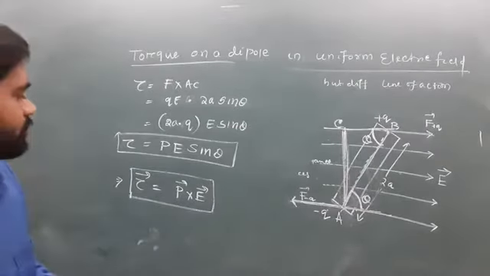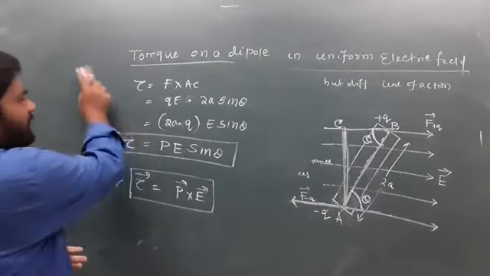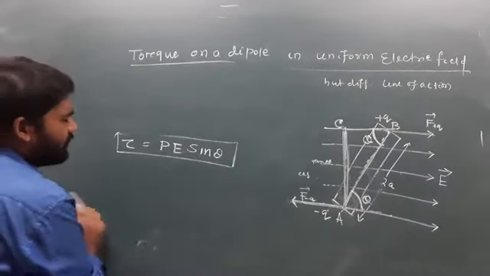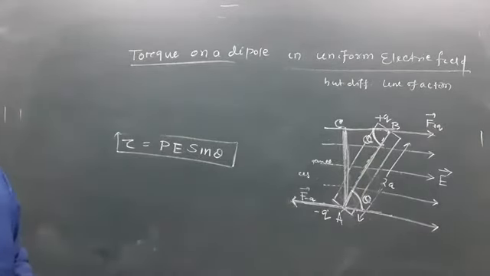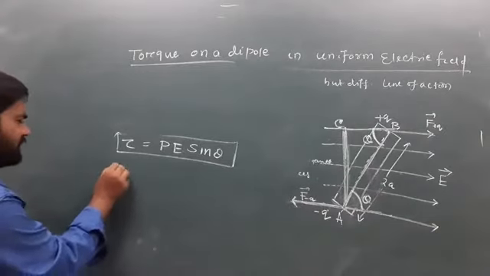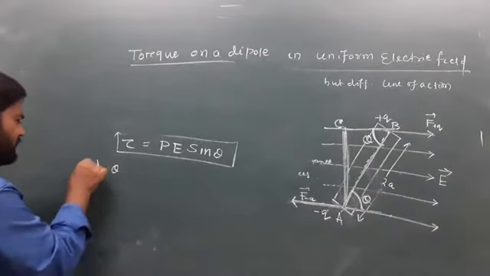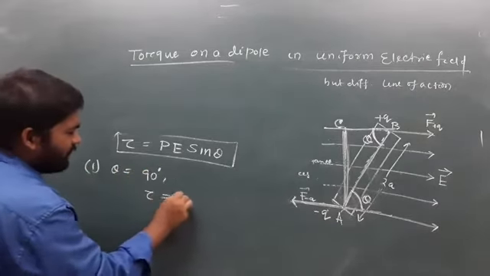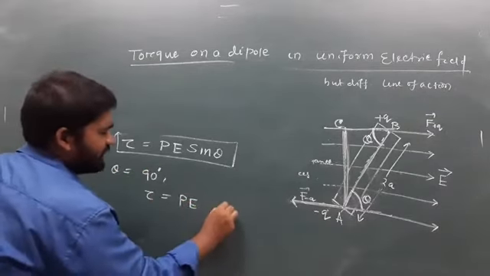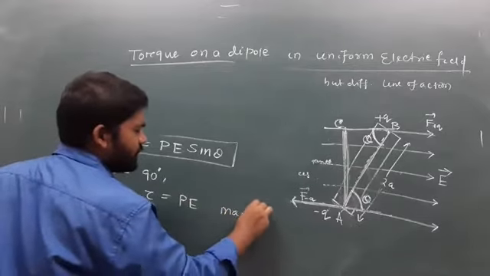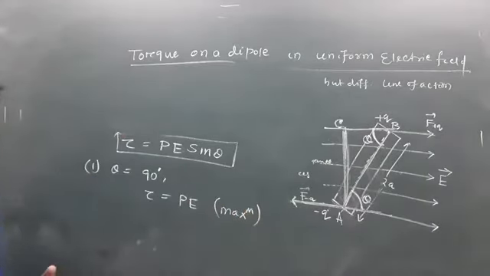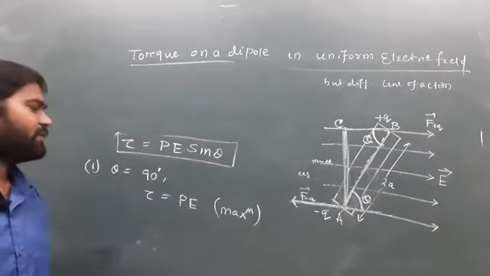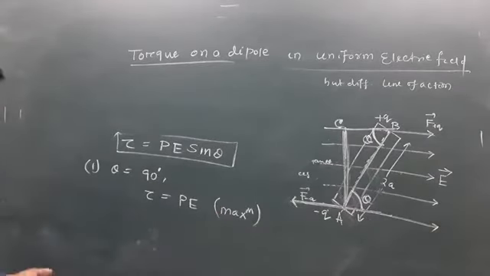And if we measure the maximum torque, when will the torque be maximum? If theta equals 90 degrees, then tau will be PE, and that gives the maximum torque. That means when the dipole enters the electric field at a 90 degree angle, it experiences maximum torque.